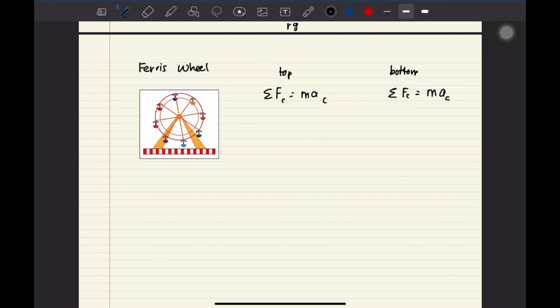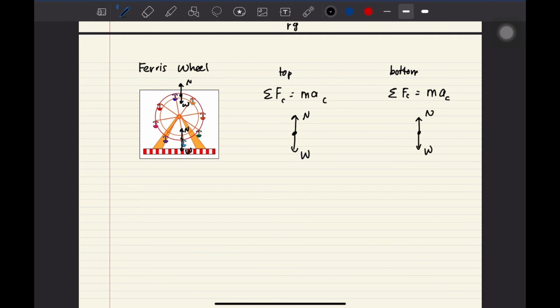Okay, so at the top over here, you can see that I have a normal force. Normally the question will ask you what happens to that person sitting on the Ferris wheel. So you have a normal force and you have a weight. At the bottom, you still have the normal force and you still have the weight as well. So the free body diagram is similar for both. The only difference here will be the direction of acceleration.